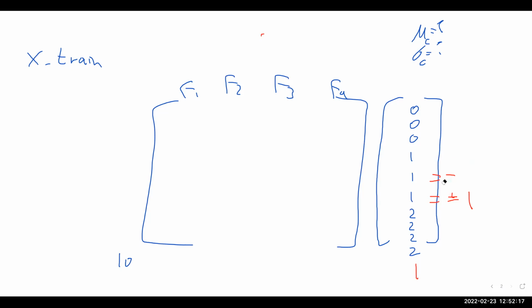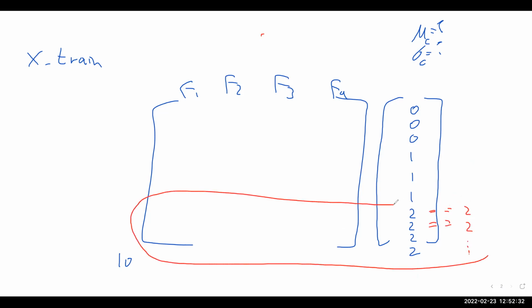same thing. Now we're going to iterate class 2. We only slice the data that matches class 2, and out of that, we are going to calculate the mean and the standard deviation for that.